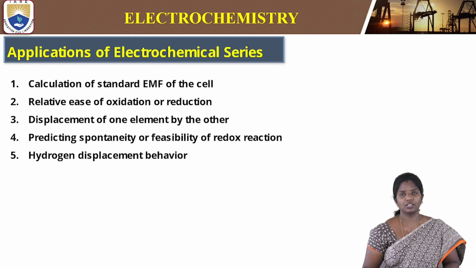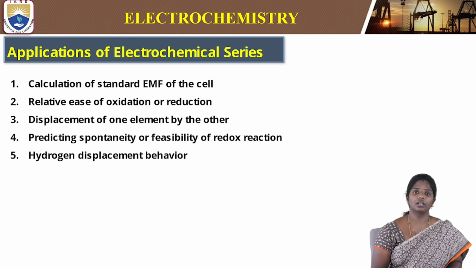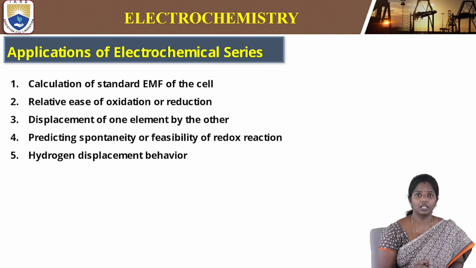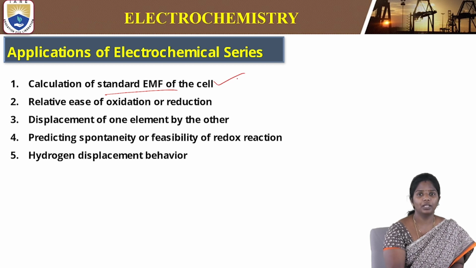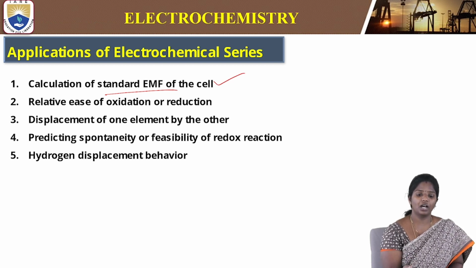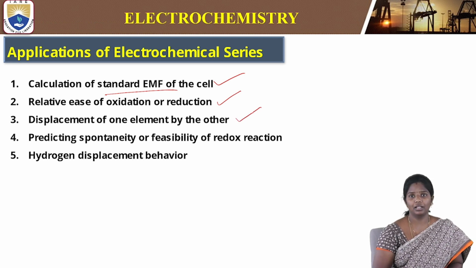So what are the applications? Why do we have to consider the electrochemical series? Because it has the ability to calculate the standard EMF of the cell. It also gives us an idea of whether oxidation or reduction takes place. Then the displacement of one element by another element.